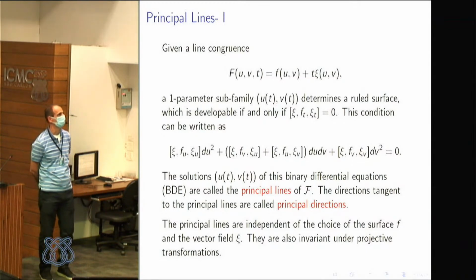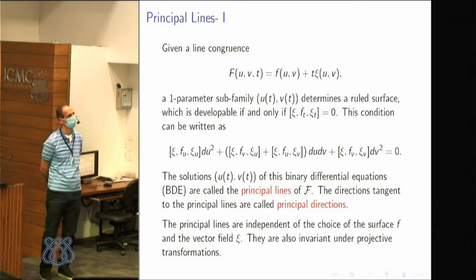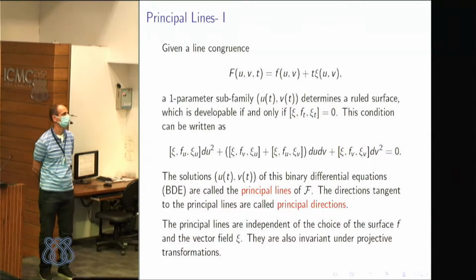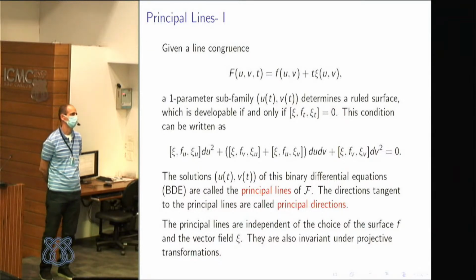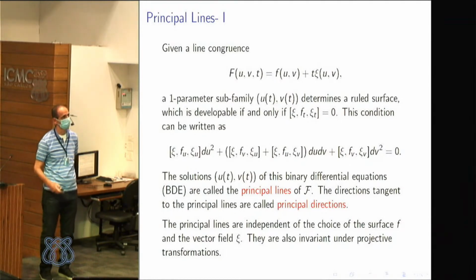The tangents to the principal lines are principal directions, and it is a fact that the principal lines do not depend on the choice of the surface, nor the vector field. And they are also invariant under projective transformations.